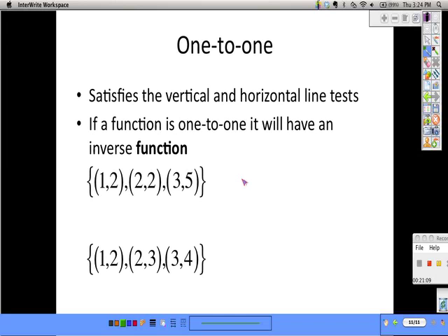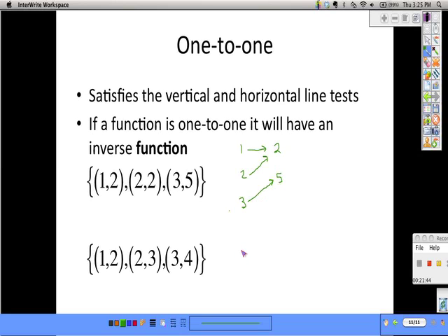An easy way to see this is to draw a mapping diagram. 1, 2, and 3 are my x's. 2 and 5 are my y's. And although this does represent a function, it does not represent a one-to-one function. It would pass the vertical line test just fine. But when we look the other way, the output of 2 is paired up with 2 inputs, so it's not one-to-one.